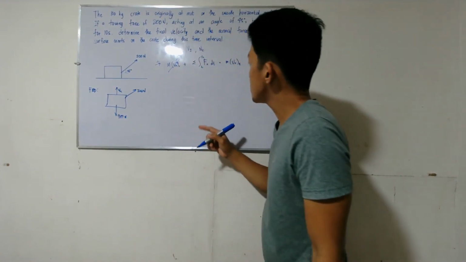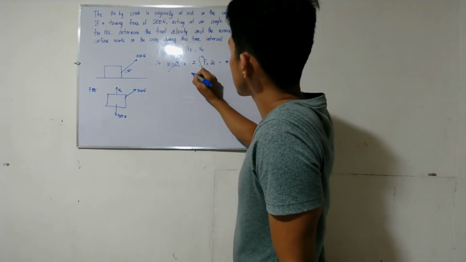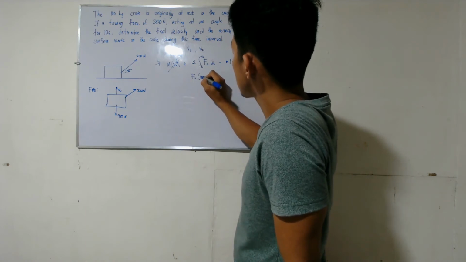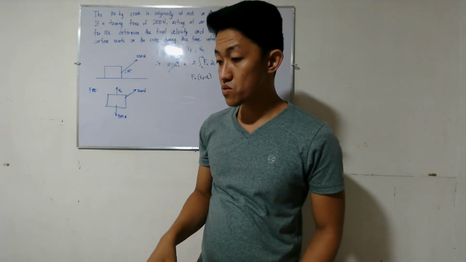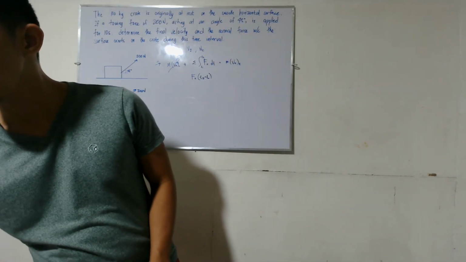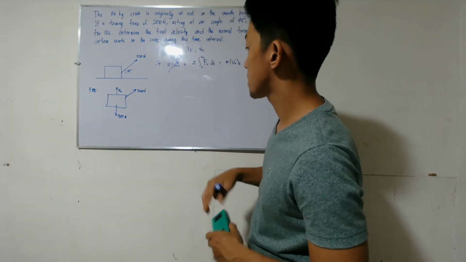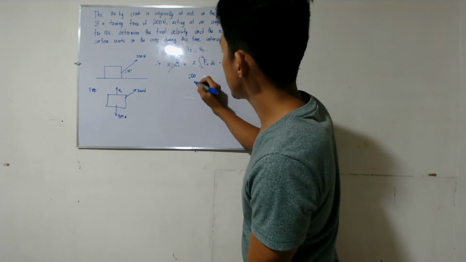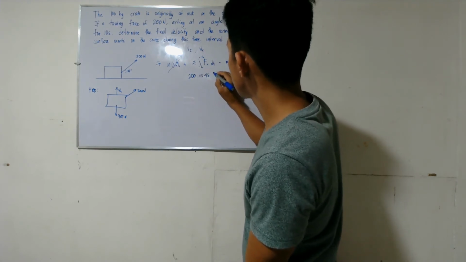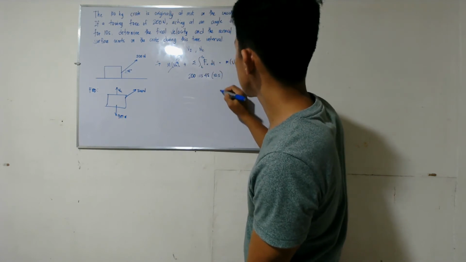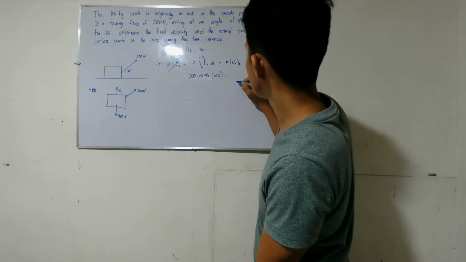Now since this is constant, pwede rin yung ipagawas. So this just becomes Fx times t2 minus t1, or in this case, from 0 to 10 seconds. So this will become 200 cosine 45 times 10 seconds is equal to m.